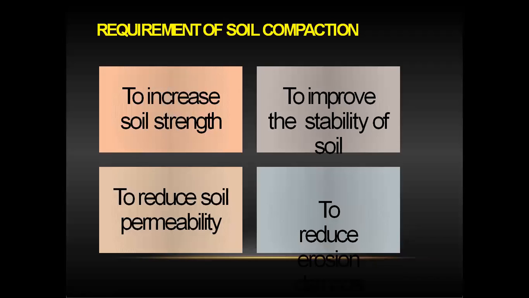So what are the major requirements of soil compaction? The major advantages of soil compaction are to increase the soil strength, to improve the stability of soil, to reduce soil permeability, and to reduce the erosion damage of the soil.